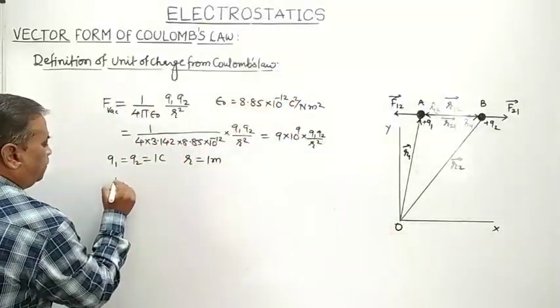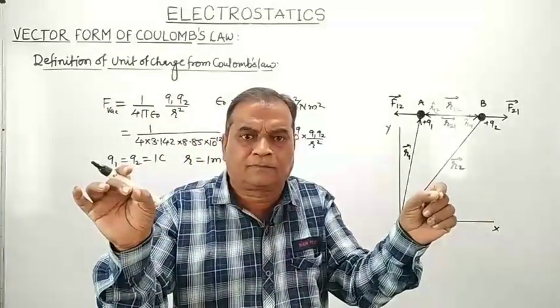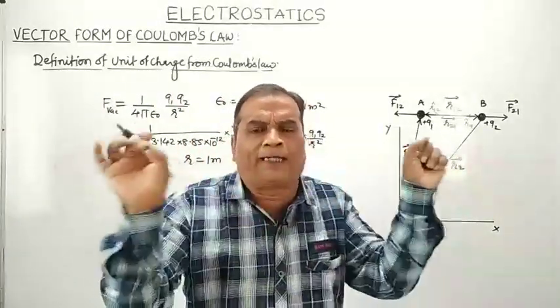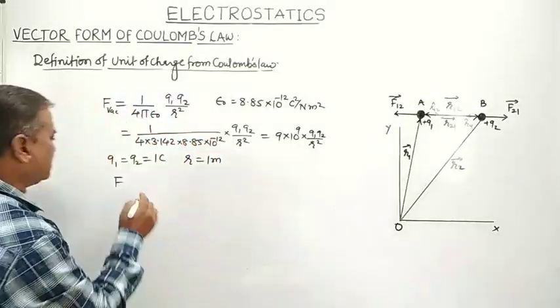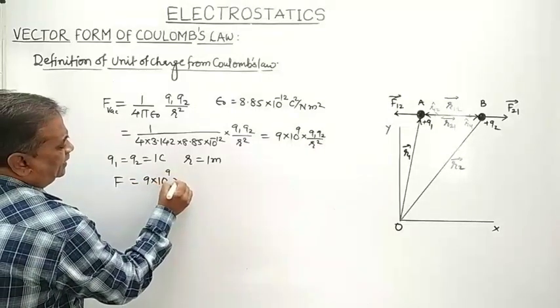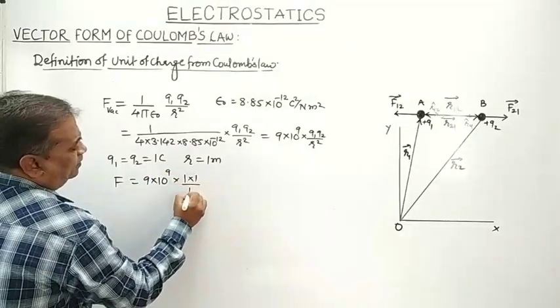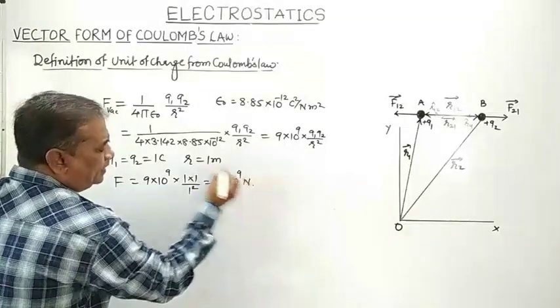Then the force of attraction or repulsion between the two point charges, each of value 1 coulomb, separated by a distance of 1 meter, is found to be equal to 9 into 10 raised to 9 into 1 upon 1 square, meaning 9 into 10 to the power 9 Newton.